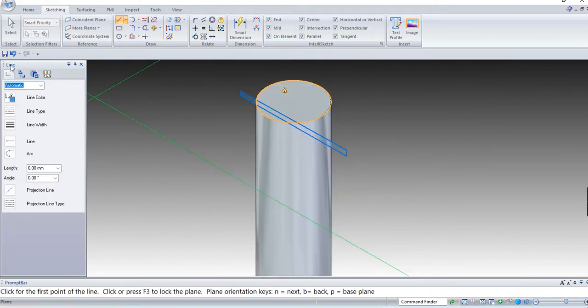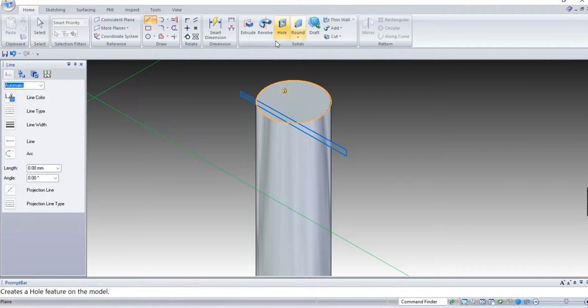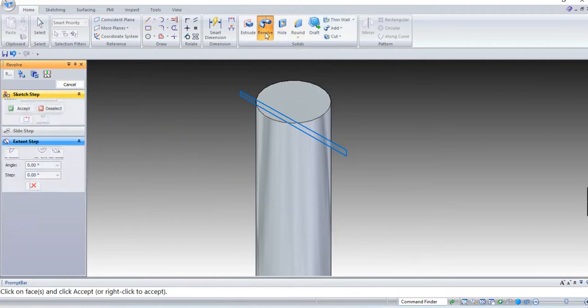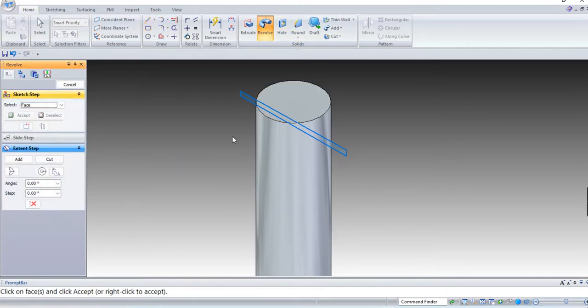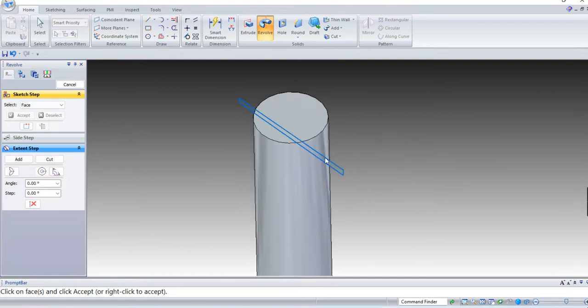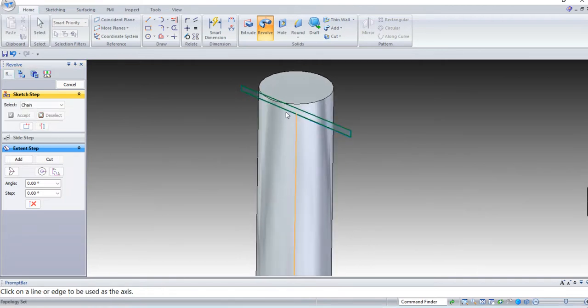Now select revolve cutout. Okay, revolve cut. Select the sketch, accept.